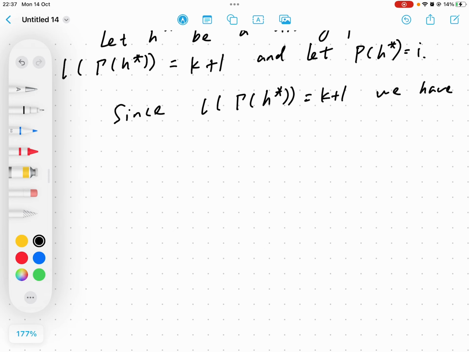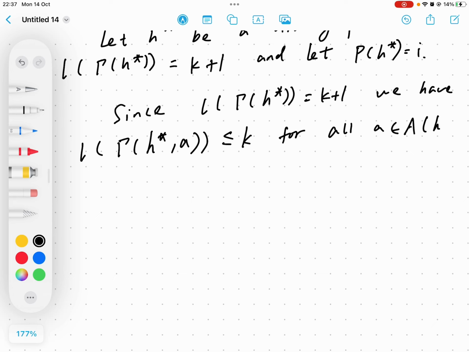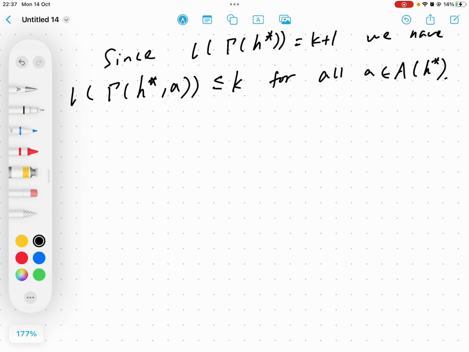We have the length of the subgame Γ(H star, A) with history H star and some action A no greater than K, for all the actions A in A(H star). And further, we define S_i(H star).